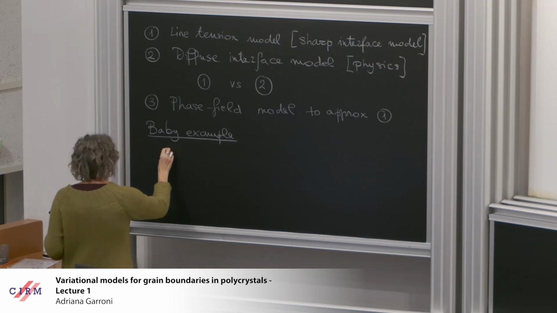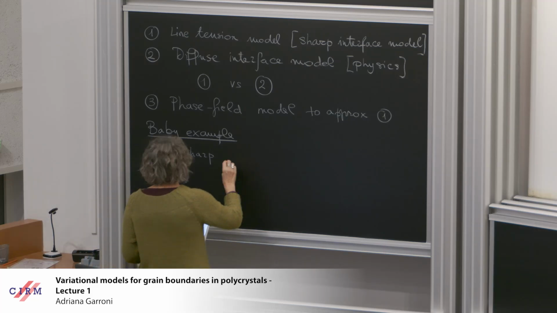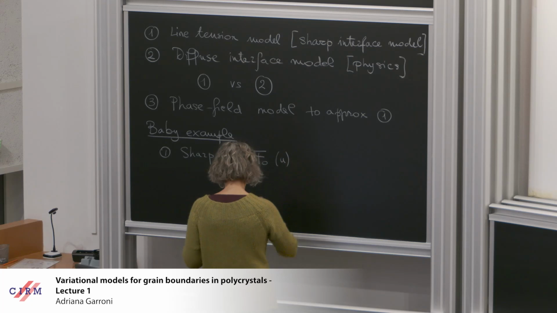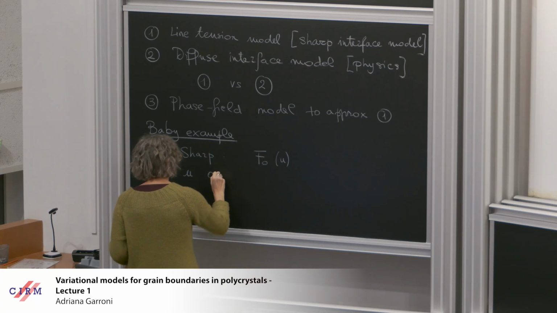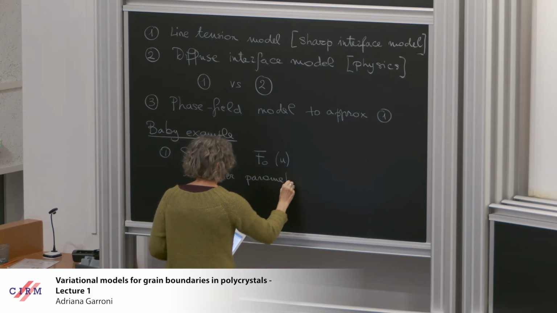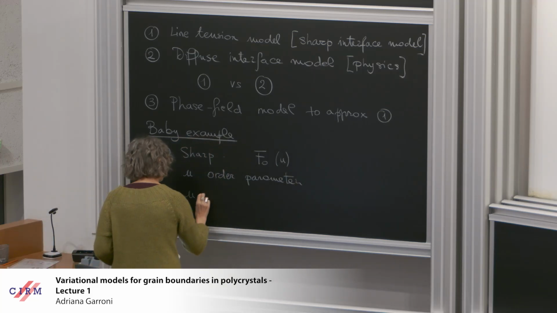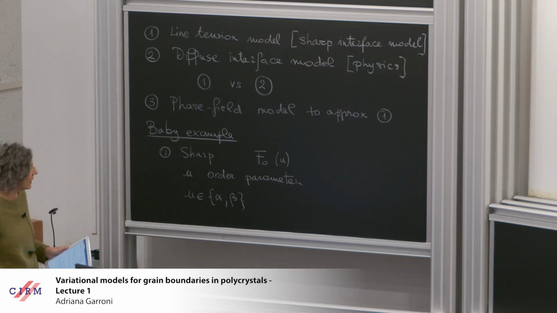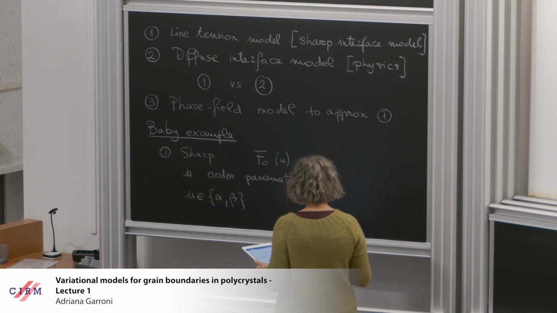And so the sharp model, let's start very easy. The sharp model is an energy which I call F0 of U. U is a sort of phase field, a so-called order parameter. And this order parameter in this sharp interface model takes two values, alpha and beta, 0 and 1, as in the talk of Jean-François yesterday.